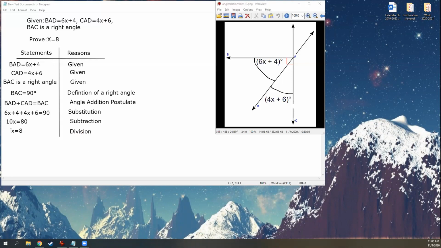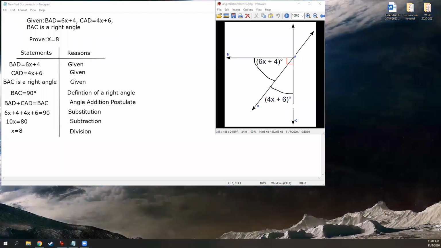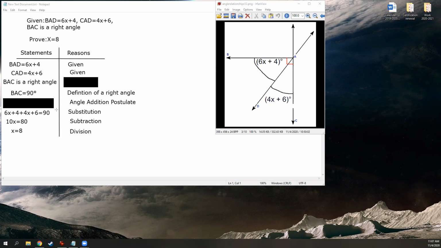You will never have to do a question like this in terms of, here's a picture, given, prove, fill it all out. At most, I think the hardest question I've ever seen students be given on proofs like this is there are multiple drop-down menus. So let's say this would be blank right here, and then this would be blank.